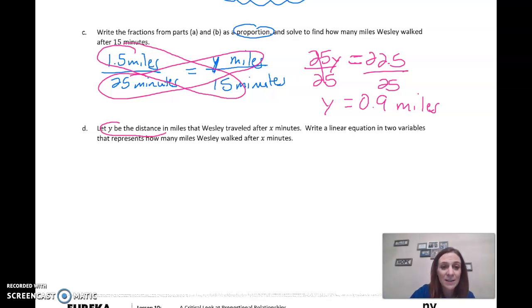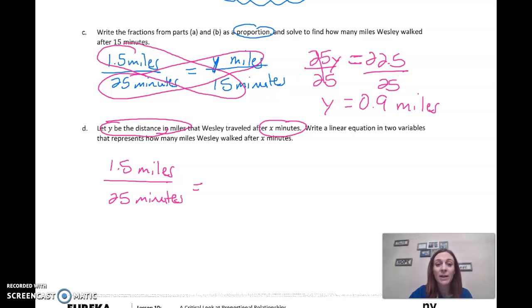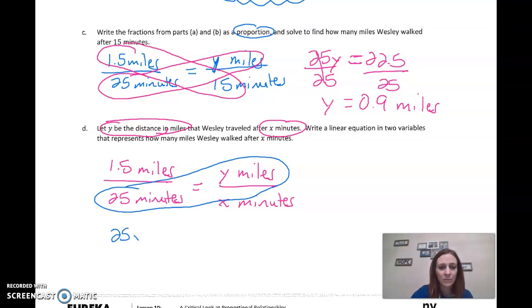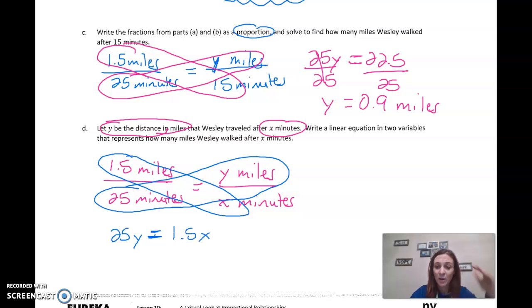Last one, real quick. Now, y is the distance in miles, x is the minutes. So again, we know he walks 1.5 miles in 25 minutes. Now he's walking y miles, miles across from miles, in x minutes. And now we're going to get an equation using your cross products. And remember what I said in the first part there up top.